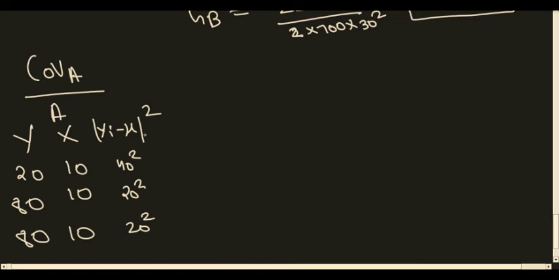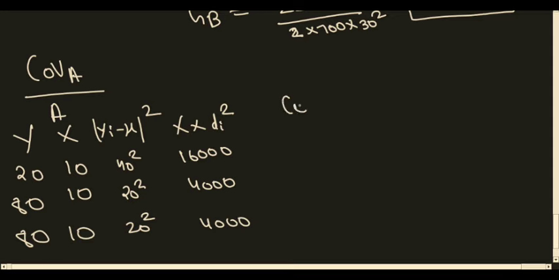We will multiply these squared deviations with the number of observations, X into di squares. This would come out to be 1600, 0, 400, another 0, 400, another 0.